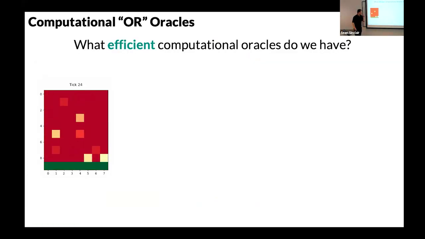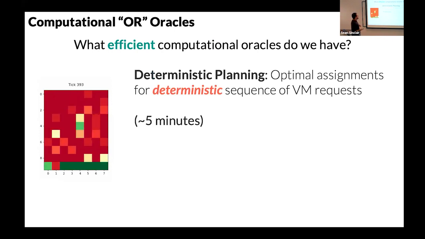So going back to this, in an OR department, the obvious question is, what computational tools do we have available to us to solve this problem, right? So let's think of one of them. We're trying to solve a stochastic problem where the demands on each day are random and unknown, okay?